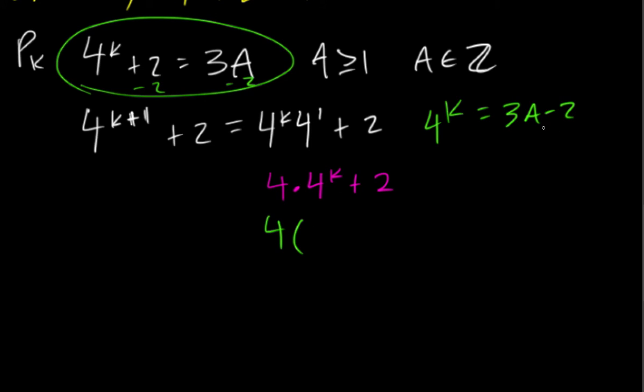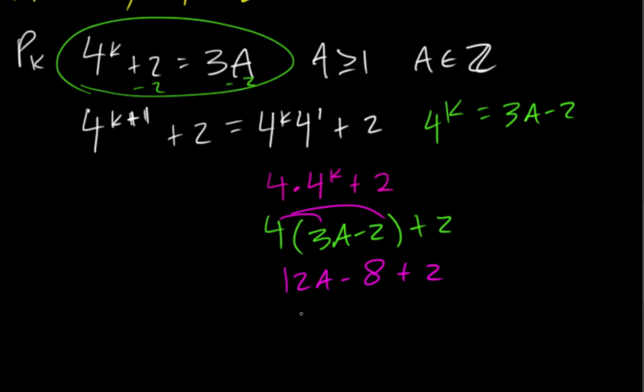So I'm replacing this 4 to the k with 3a minus 2. Okay. And then we distribute. So we get 12a minus 8 plus 2, 12a minus 6.